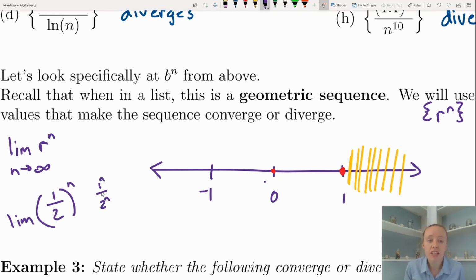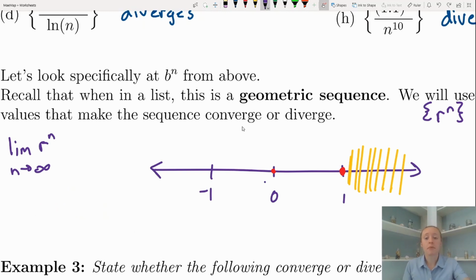Or even if I left this n in my numerator, my denominator is growing faster, which means overall my sequence is approaching 0. Therefore, I'm also converging between 0 and 1, because in order to get a fraction between 0 and 1, that numerator is smaller than the denominator, so when I distribute my exponent through, my denominator is going to grow faster. So as of right now, all of this also converges.